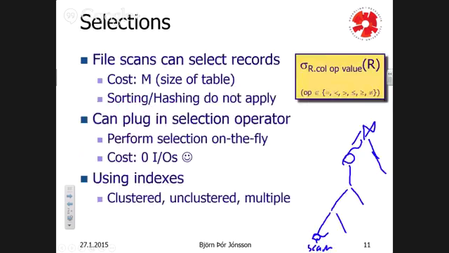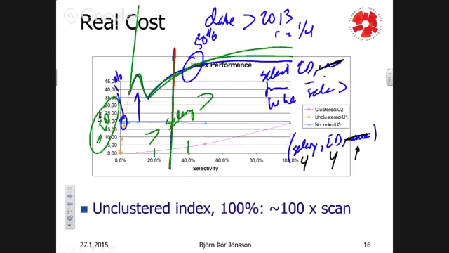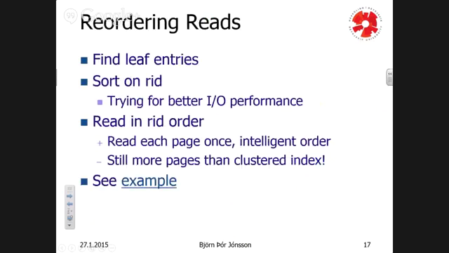But remember the technique that we talked about a little bit, when we reordered the reads, when we took the ID, which would then be the key of the clustering index, and we ordered that, and then we went and retrieved. So if you're retrieving many records in particular, then you would actually get kind of sequential performance out of that. I think this is what you were sort of alluding to, and SQL Server actually does that.